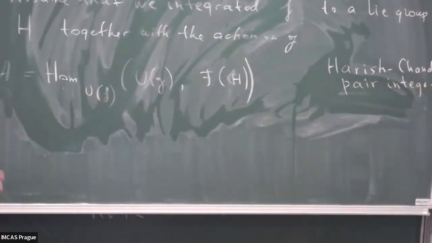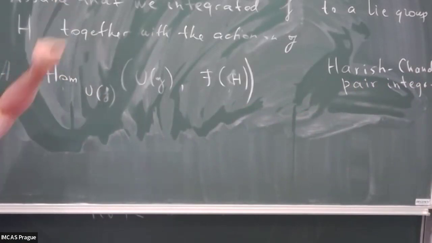I want to show you that this space can be endowed with multiplication, co-multiplication, unit, co-unit, all the structure which makes this into a Hopf algebra. And this Hopf algebra can be viewed as the algebra of functions on the integration of the whole G.